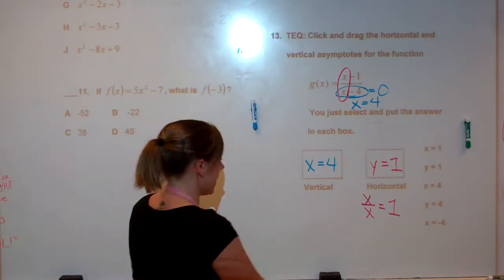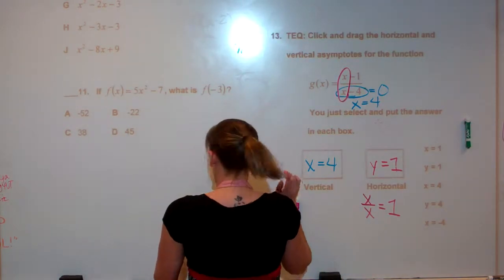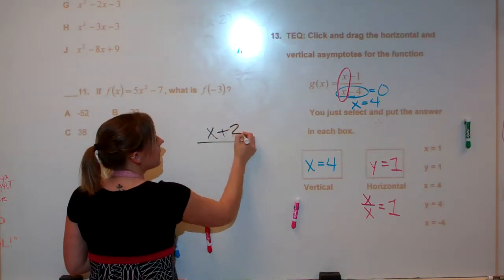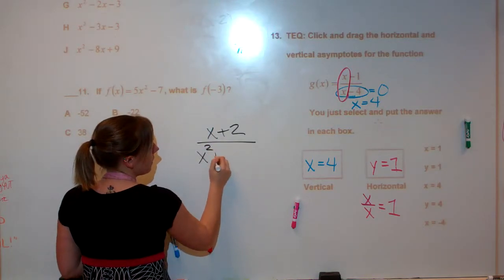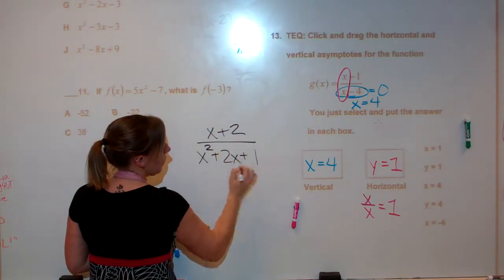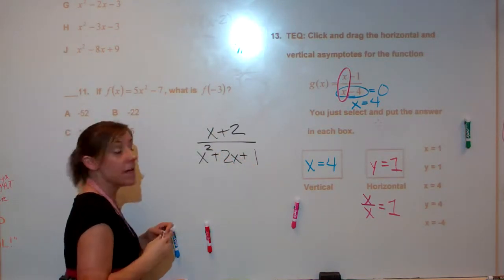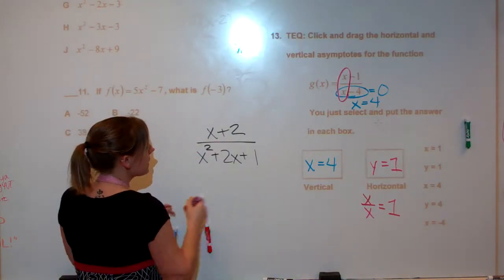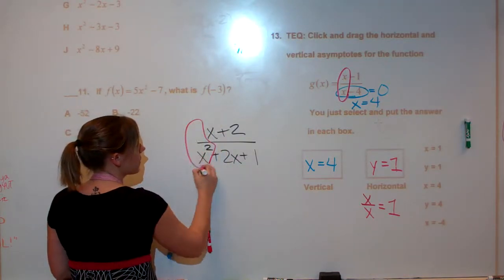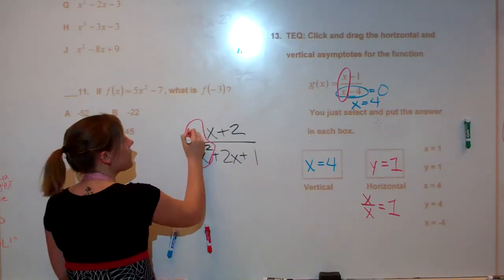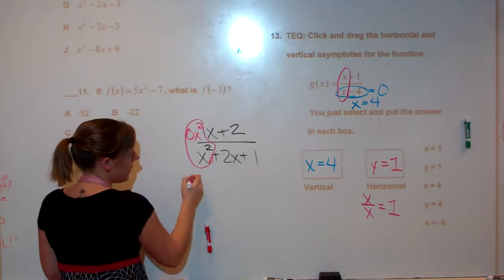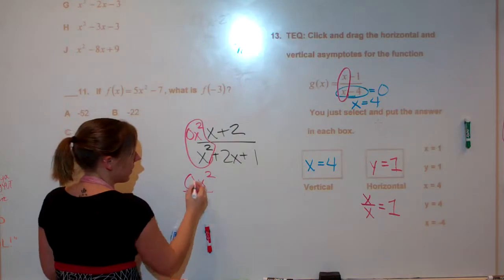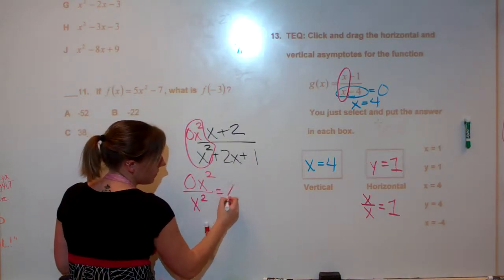Okay? And again, because I do think you might see this, if you were given something like this, over x squared plus 2x plus 1, and you were trying to find it, since there is not an x squared to pair, then you think of it as a 0. And when you divide 0x squared, because there's not an x squared there, over a 1x squared, it would be a 0.